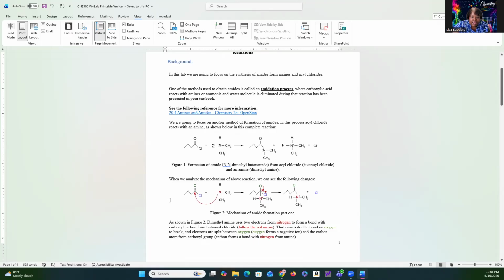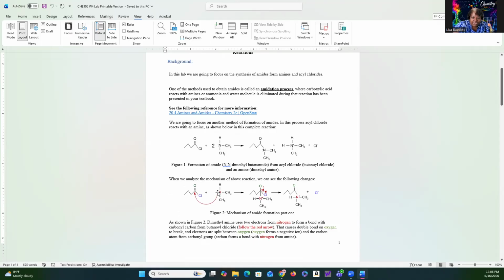And so we have our acyl chloride. Sorry, it was a tongue twister for me. This is our acyl chloride and our nitrogen. Remember, we have that lone pair of electrons.